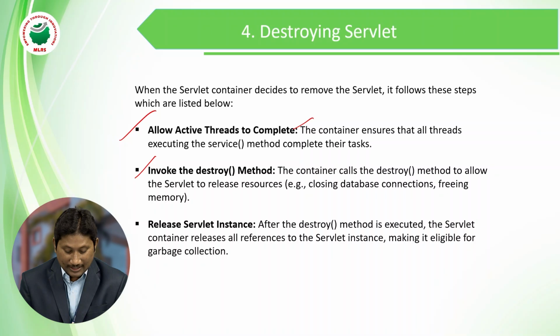The container calls the destroy method to allow the servlet to release resources, for example, closing database connections, freeing memory. After the destroy method is executed, the servlet container releases all references to the servlet instance, making it eligible for garbage collection.